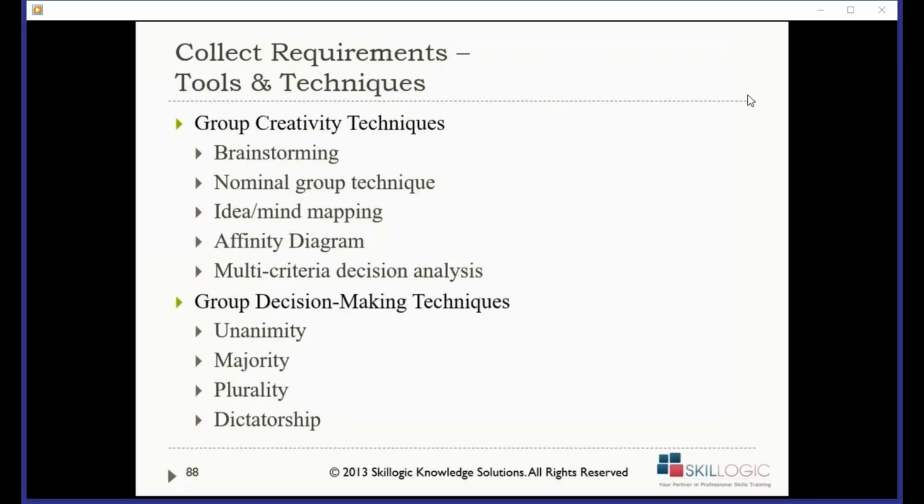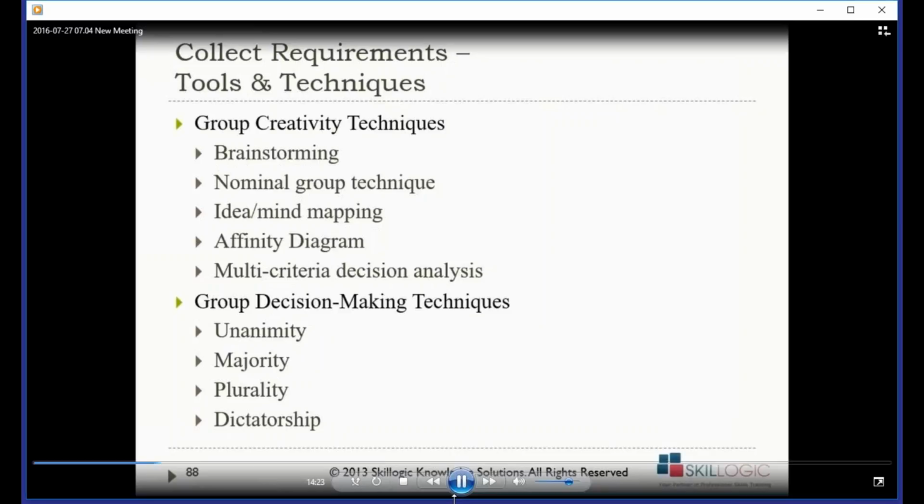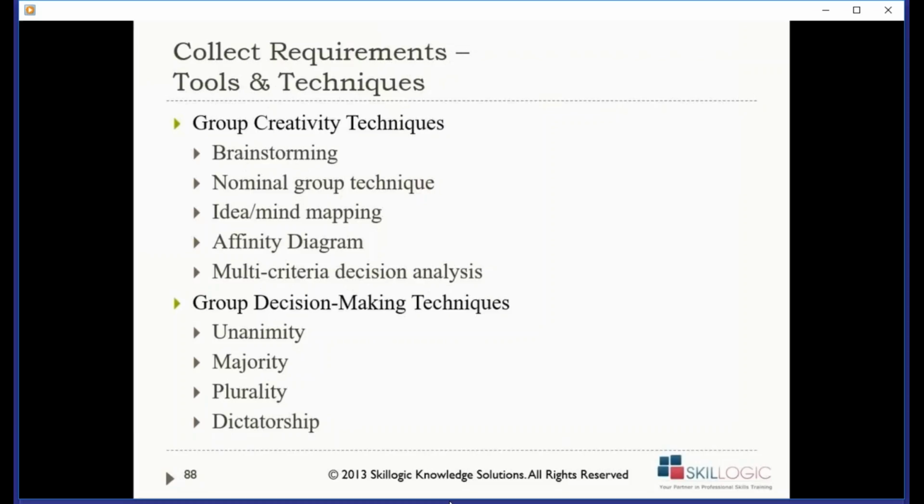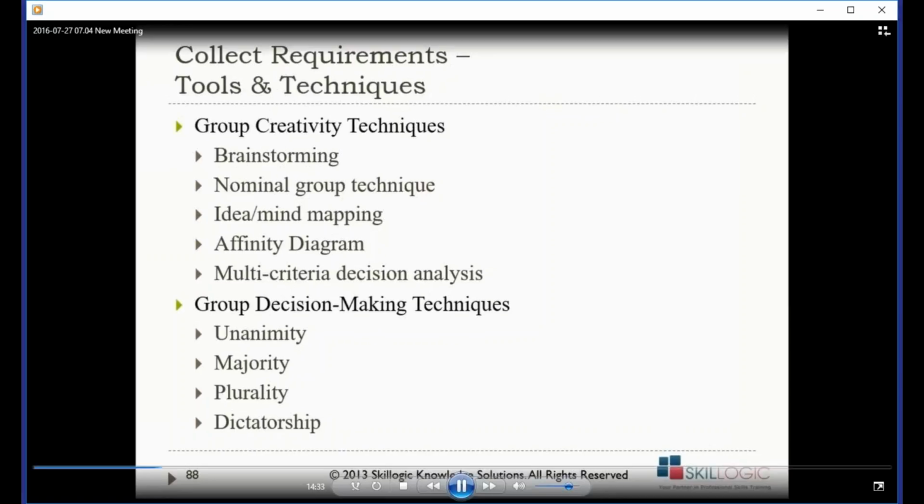Multi-criteria decision analysis. When you go for interviews and you are hiring people, you don't hire people just on their technical skill, right? You hire people based on their technical skills, their communication skills, their attitude, and whether they are good team players or not. So you take a decision based on multiple criteria. That is nothing but multi-criteria decision analysis.